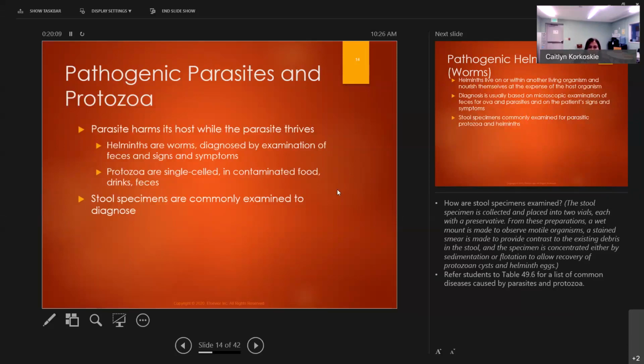And then once they come back, the lab, if you were working down in the lab, would put them on a wet mount so we can see what type of organism it is, and whether it's caused by worms or if it is a single-celled protozoa.